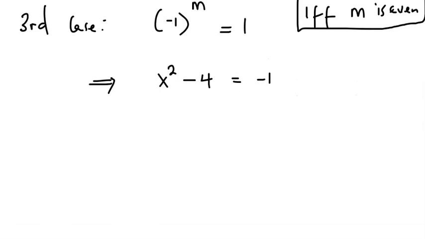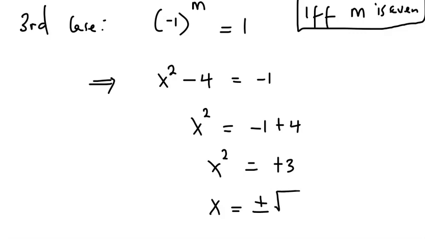So here, add 4 to both sides, and we get x squared is equal to negative 1 plus 4, which is positive 3. From here we take the square root on both sides, so we get x is equal to plus or minus the square root of 3.